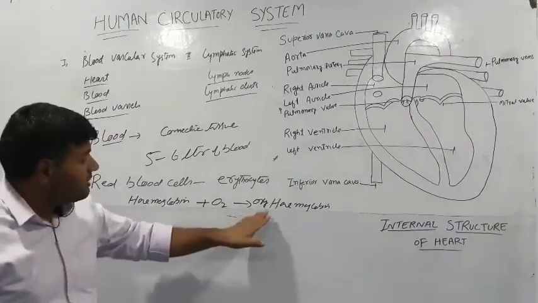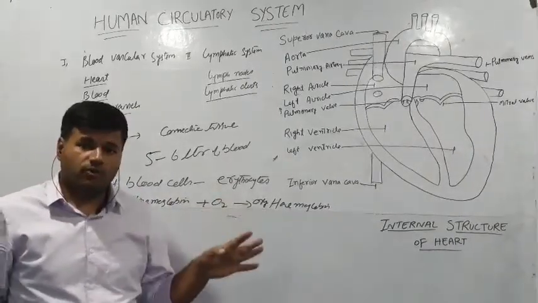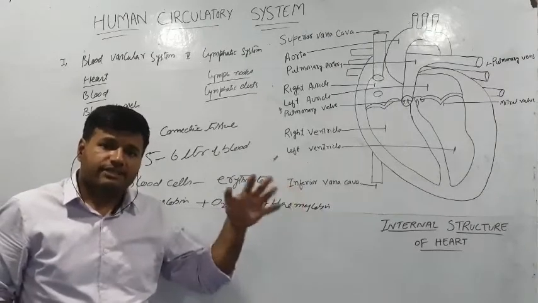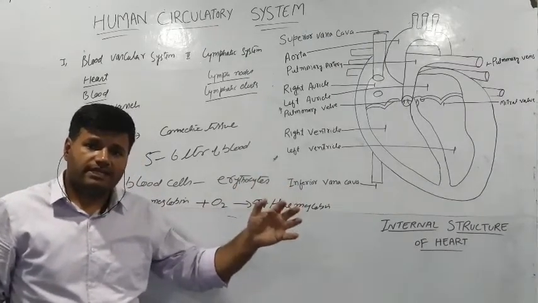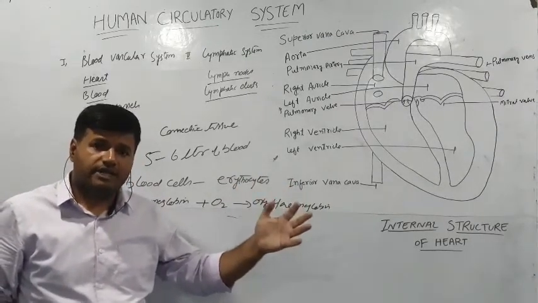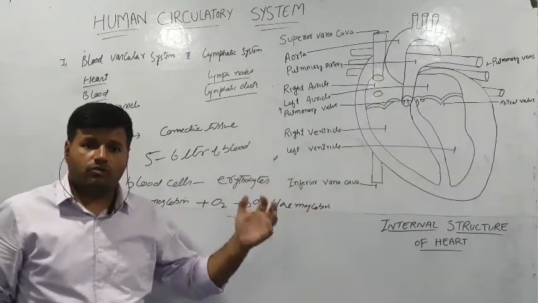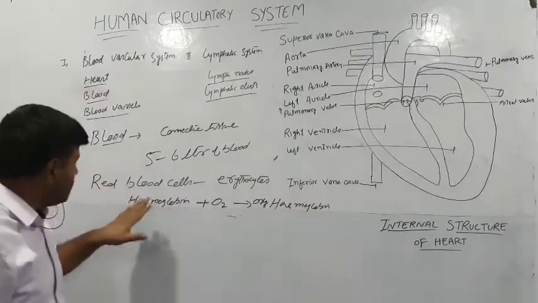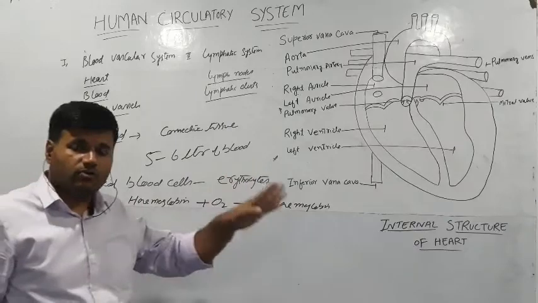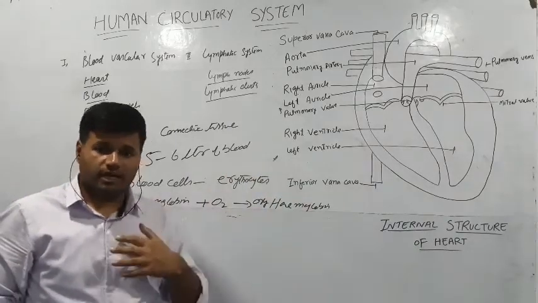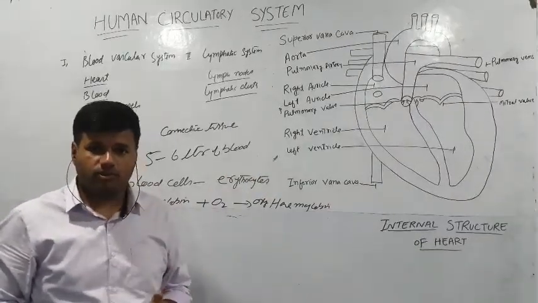Once it is utilized, carbon dioxide, a metabolic waste, is thrown out of the cells into our blood, and hemoglobin carries that carbon dioxide from our cells to our lungs, where it is exhaled out of our body.